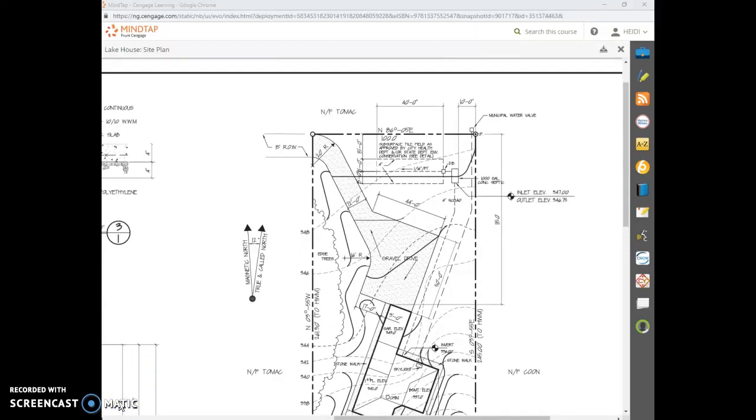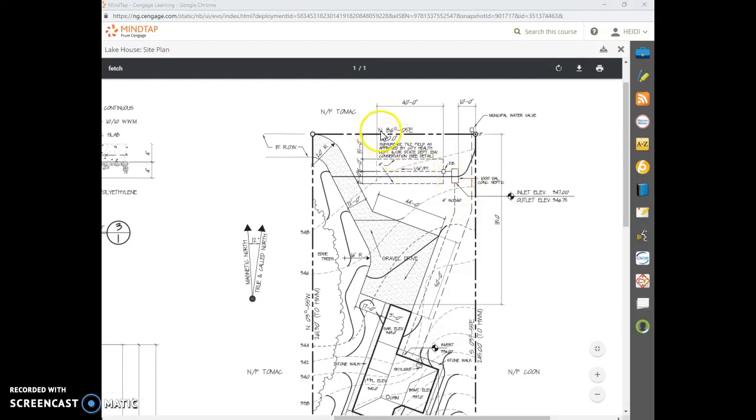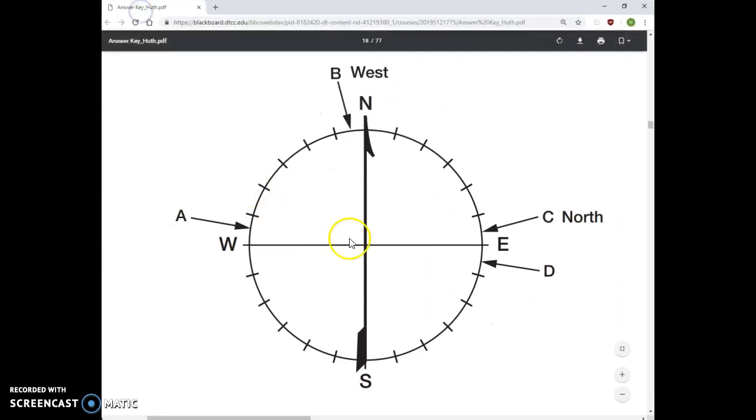The second question shows you a figure of a compass in your book, and it's asking which of the compass points corresponds with the north boundary of the lake house. Again, looking at the boundary, this is north, 86 degrees, 5 minutes east. So we're looking for a point on the compass in the northeast section. If we take a look at our compass, we'll see that C is in the northeast section, so that is the north.